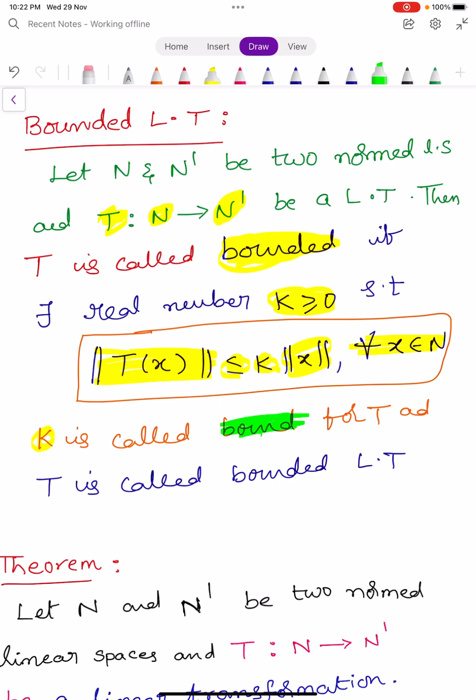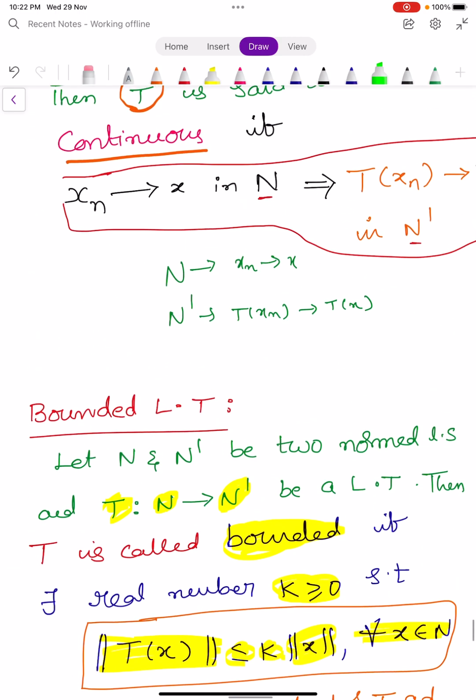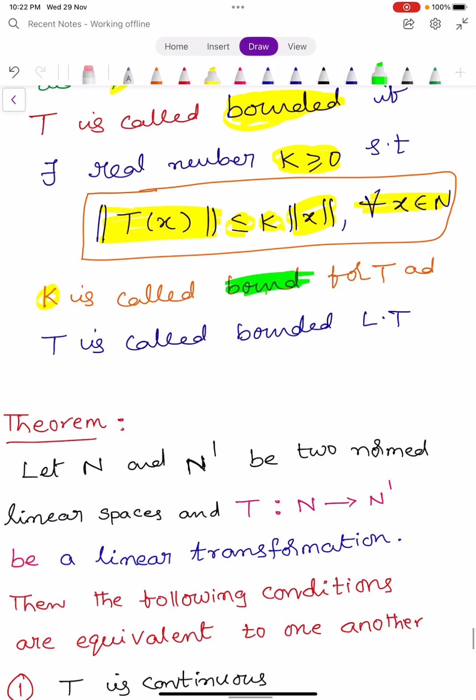So remember these two definitions: one is continuous and the second one is bounded.